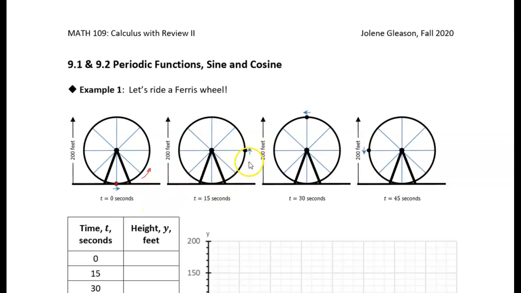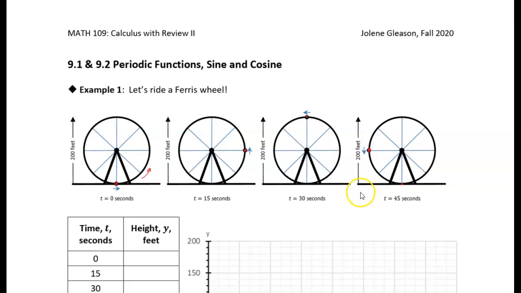After 15 seconds we are here. After 30 seconds we're at the top, and after 45 seconds we're here, which means that another 15 seconds, at 60 seconds, we're going to be back to where we started.